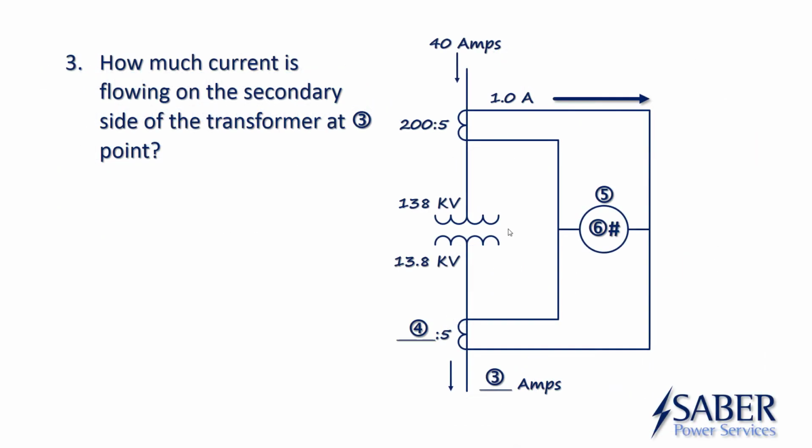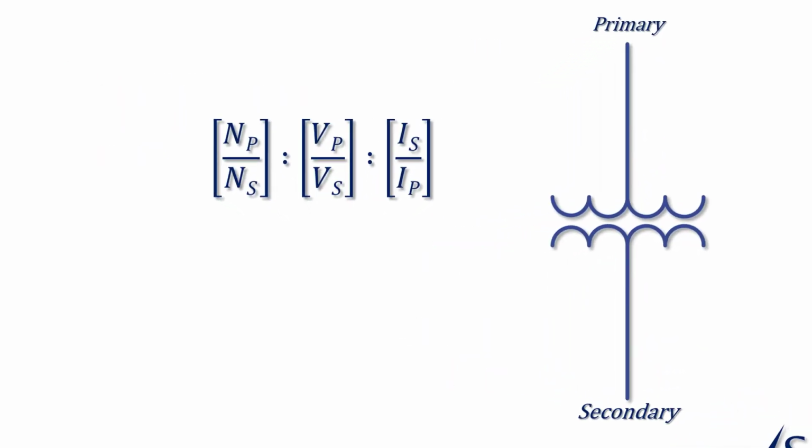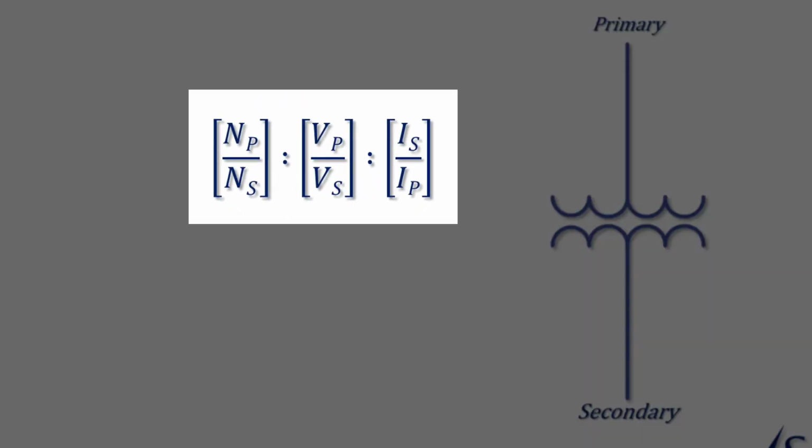So how much current is flowing on the secondary side of the transformer? Well, we have 40 amps on the primary. How many amps do we have on the secondary? So let's look at turns ratio. Well, N represents the number of turns, V represents the voltage, and I represents current.